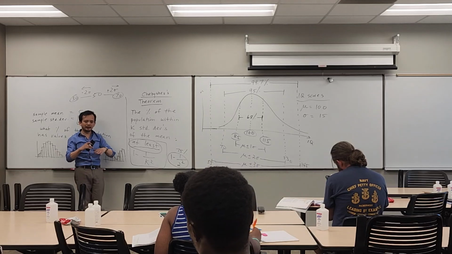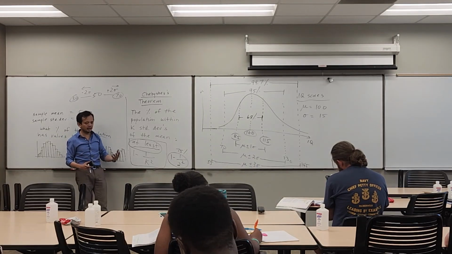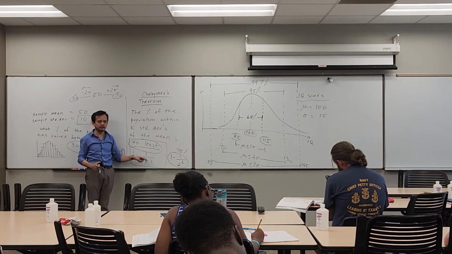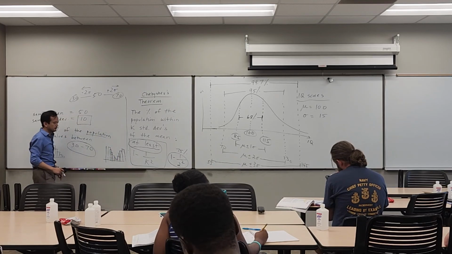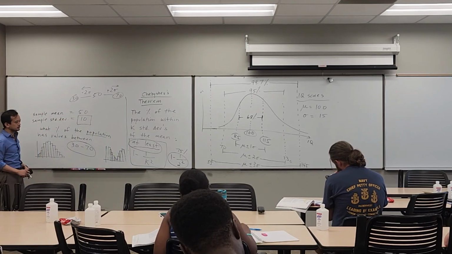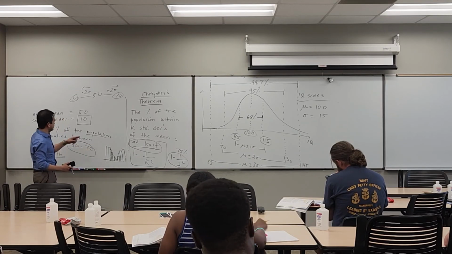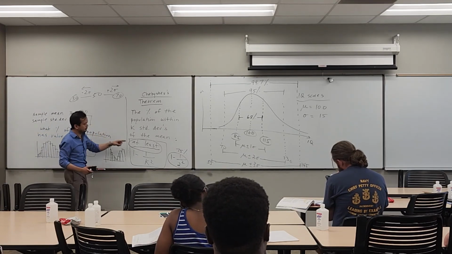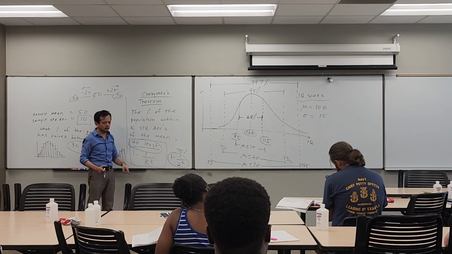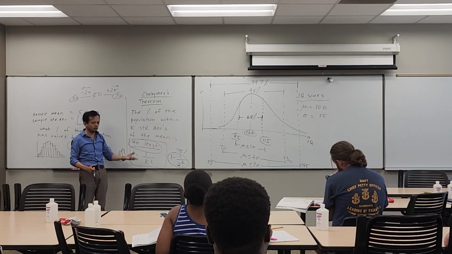So we're giving a lower bound. We know that the answer can't be less than 75%. So for any distribution, all values within 2 standard deviations of the mean can't be less than 75%. There can be anywhere from 75% or more.